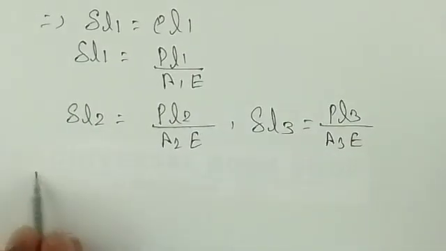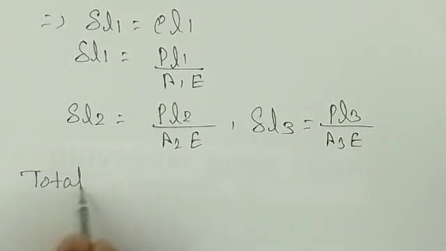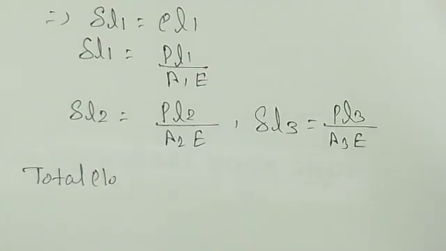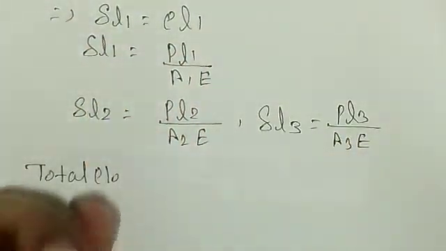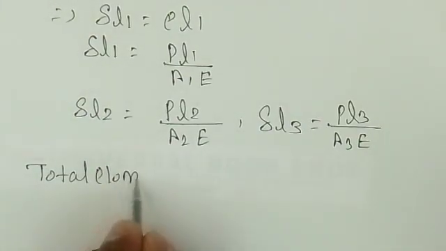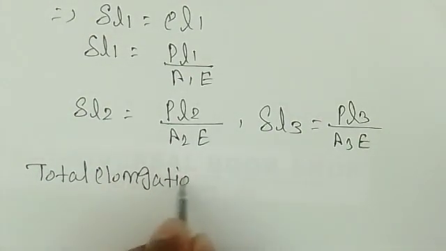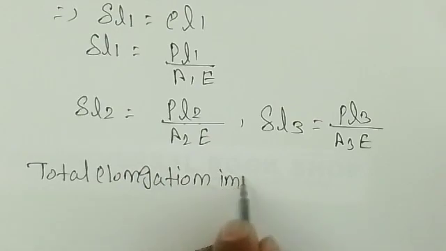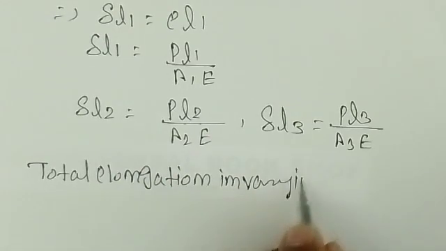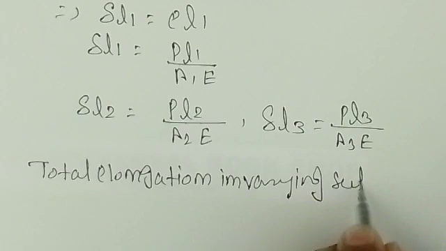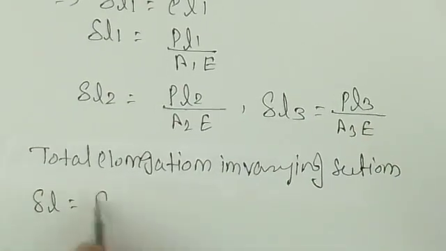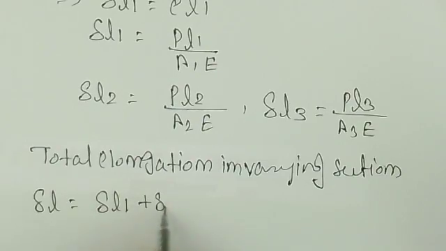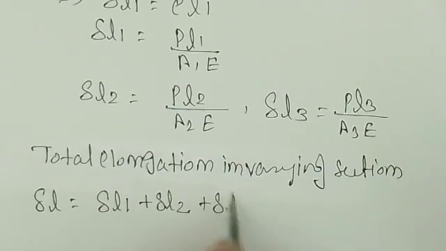Now, the total elongation. I am saying elongation because you are applying tensile load. If it is compressive, you can say total compression. What is the total elongation in a varying section? Delta L is equal to delta L1 plus delta L2 plus delta L3.